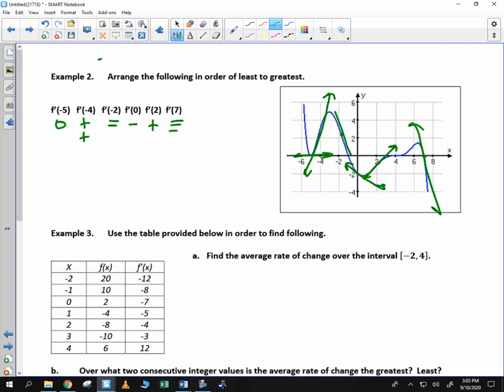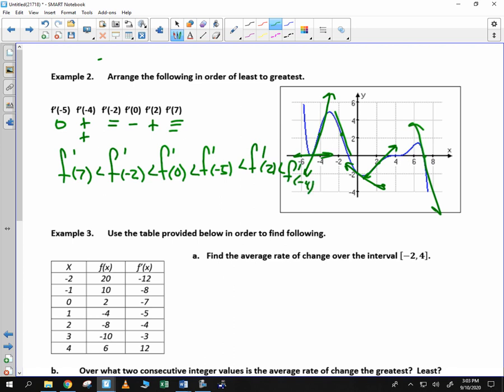So least to greatest, I would say we'd have f prime of 7 is less than f prime of negative 2, which is less than f prime of 0, which is less than f prime of negative 5, which is less than f prime of 2, which is less than f prime of negative 4.